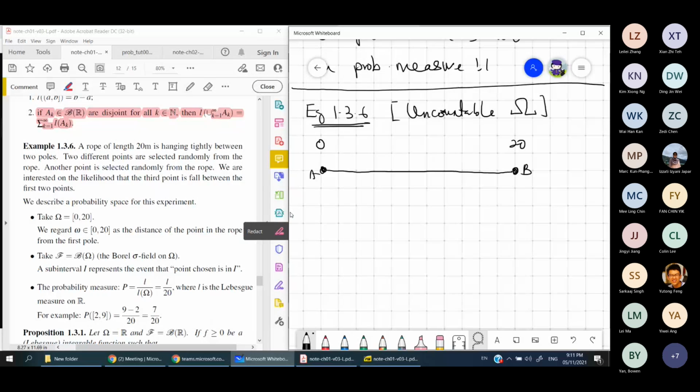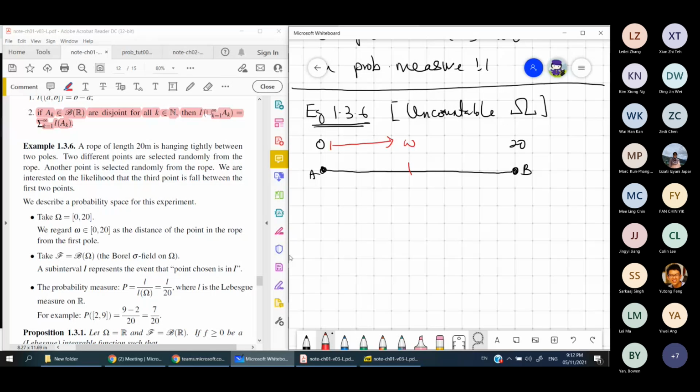Supposing we simply pick a point in between these 2 points. Let's say we pick any point here. What is meant by omega? Omega will be the distance we measure from point A to here.